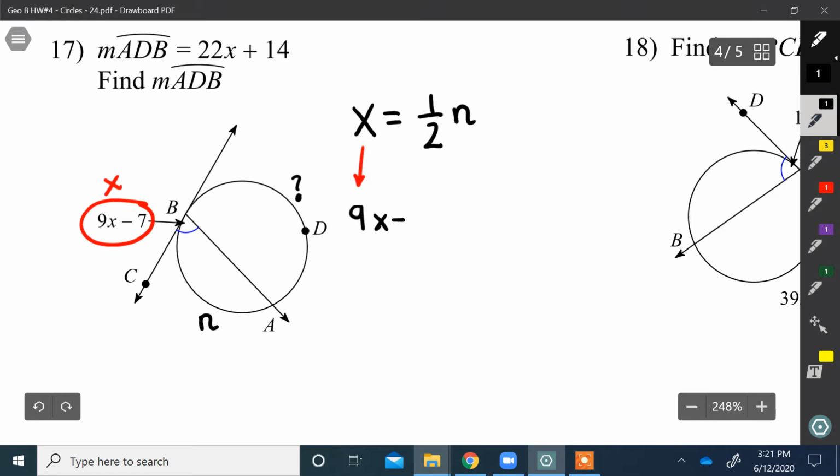This right here is 9x minus 7 is equal to... something that you have to know is that they're giving you some information here.